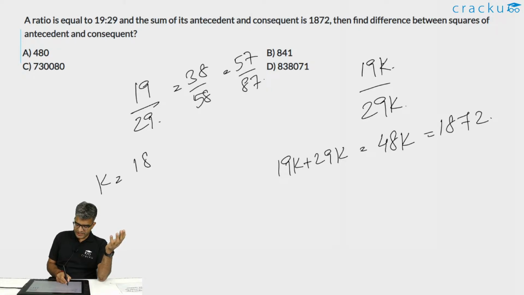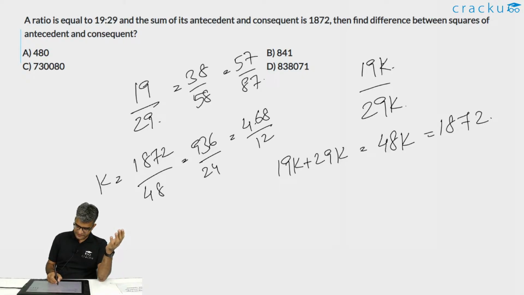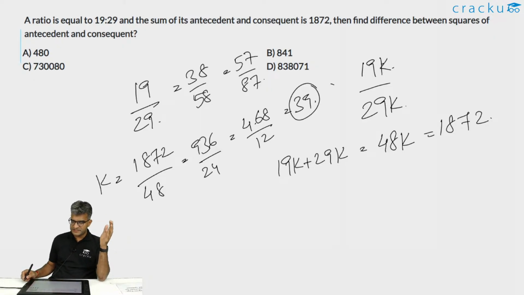K is equal to 1872 divided by 48, which is equal to 936 divided by 24, which is equal to 468 divided by 12, which is equal to 39. So the antecedent is 19 into 39. The consequent is 29 into 39.